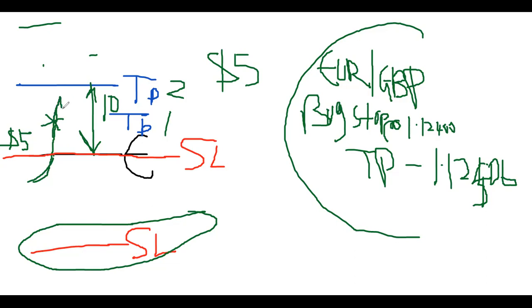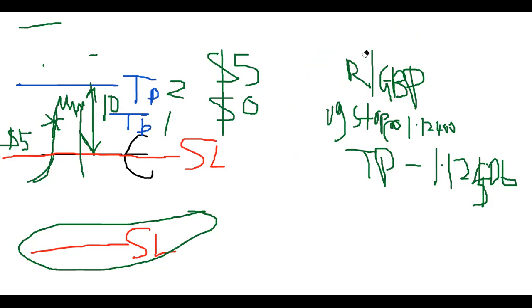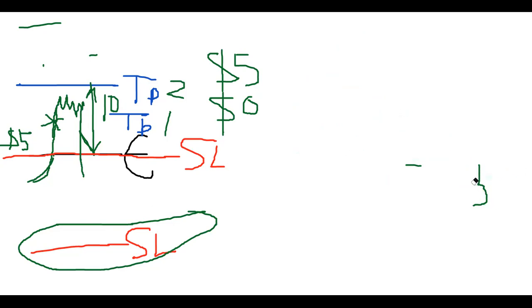What if this thing now starts consolidating? So if it consolidates and now reverses and now hits your stop loss, have it in mind that you are going to go home, you are going to lose like $0 on that particular region. Why? Because it came back and struck your stop loss at the entry.